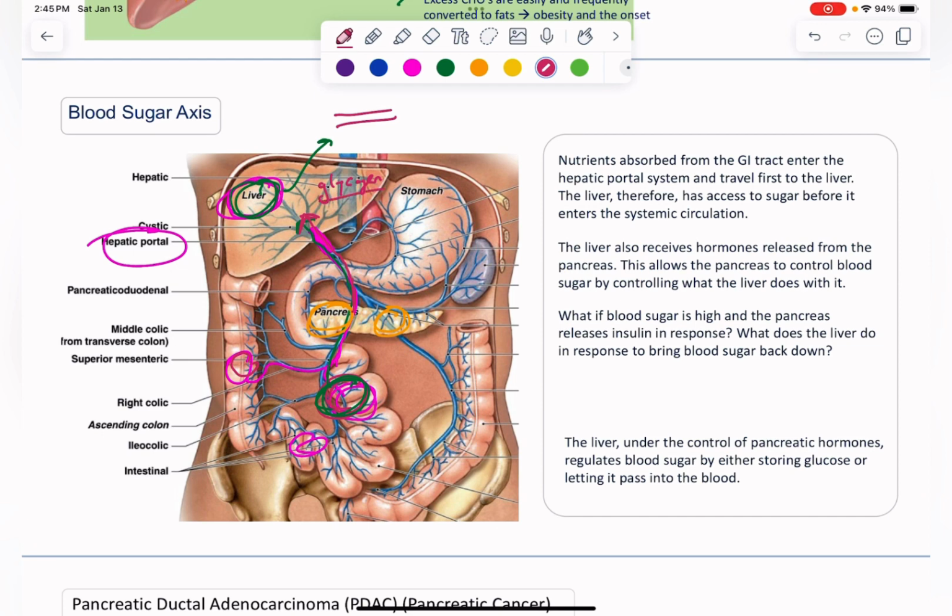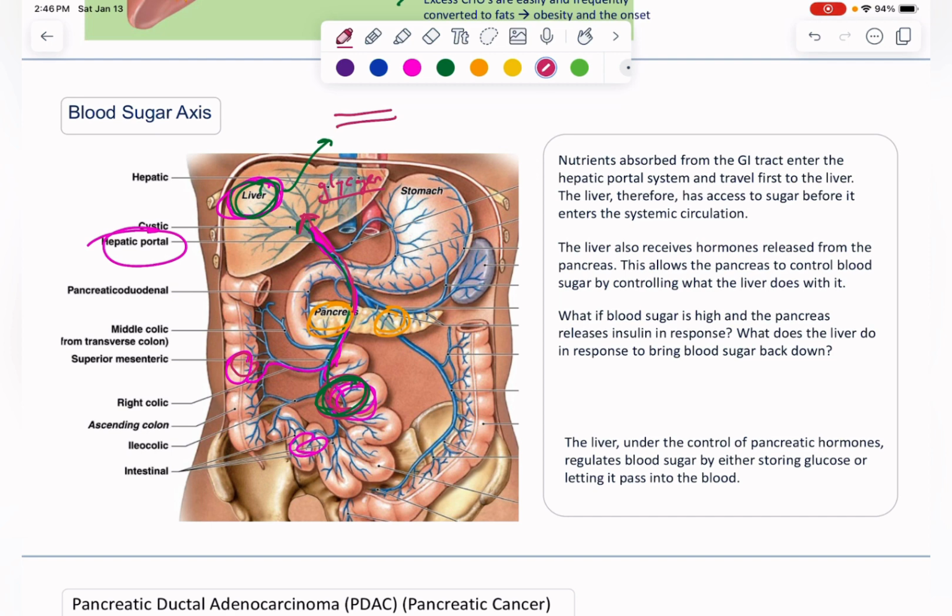Okay, so before this glucose even goes into the blood, the liver, under the control of the pancreas, has the opportunity to take that glucose and store it as glycogen, which would make sense because, again, if blood sugar is too high, then we don't want it going into the blood. And the opposite is true.